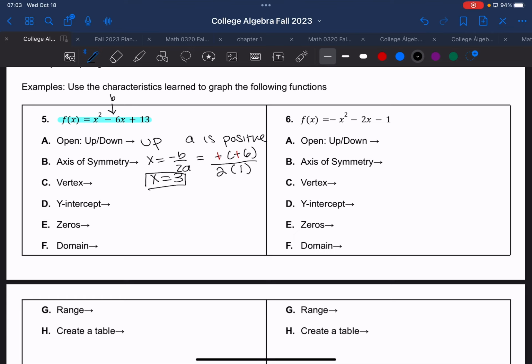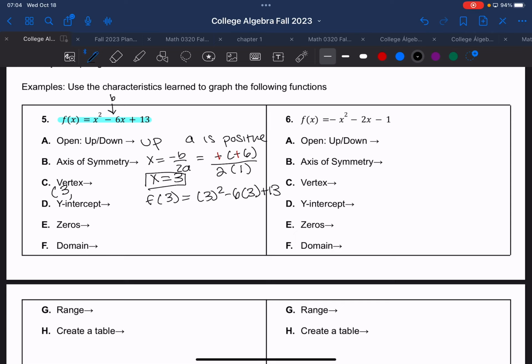So we know our first value of the vertex is 3. We need to plug that 3 into the function to find the y value. So we are going to do f of 3 is equal to 3 squared minus 6 times 3 plus 13. I'm plugging in the 3 into my function.